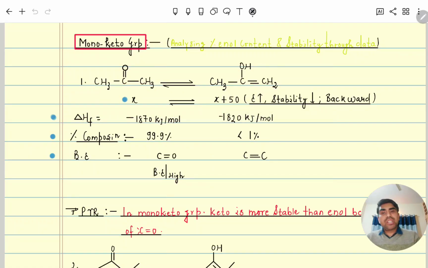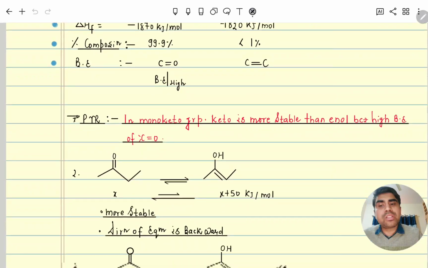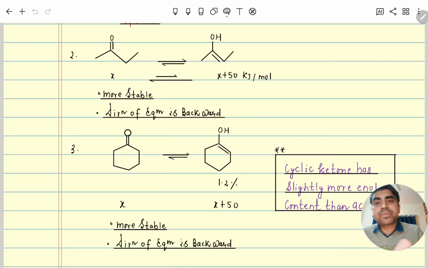This is in a mono keto group. Which one is more stable? Ketone, then enol. Similarly in the second example, the ketone has x, so the enol will be x plus 50 kilojoule per mole. So the equilibrium direction will be backward, 99.9% ketone and only 0.1% enol.